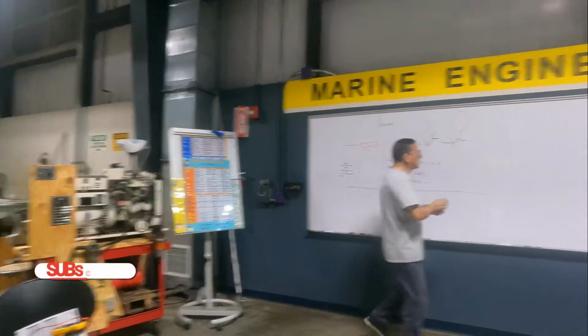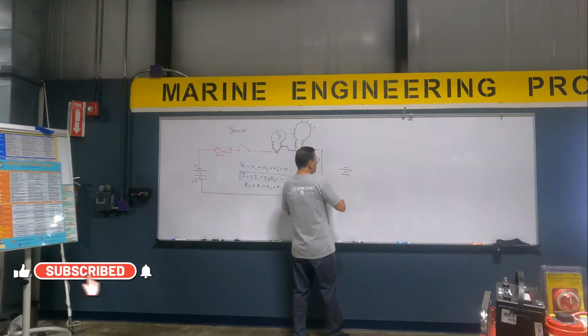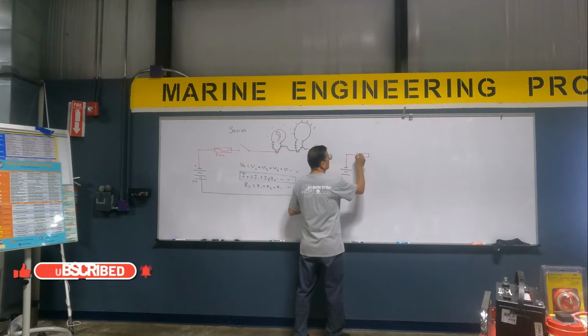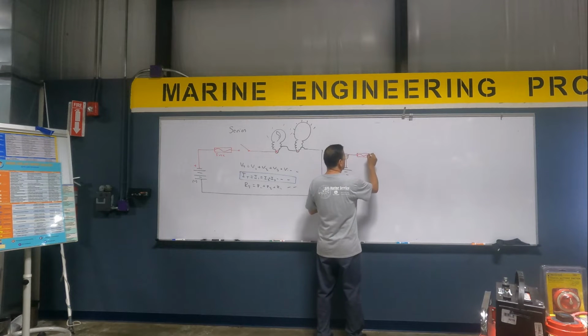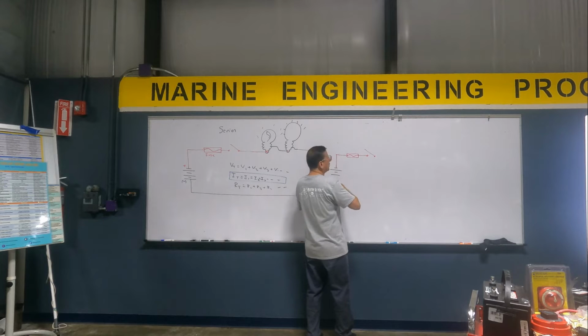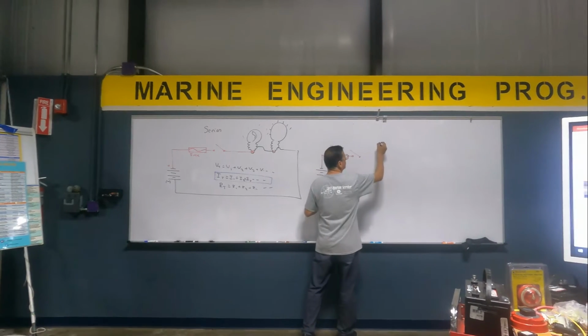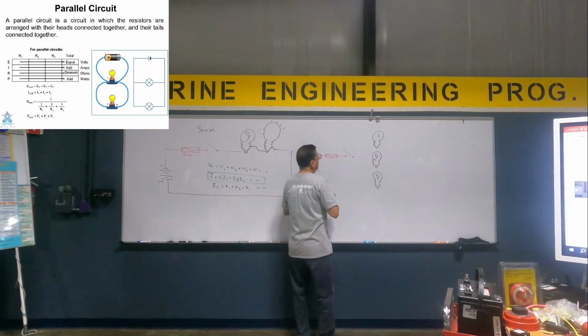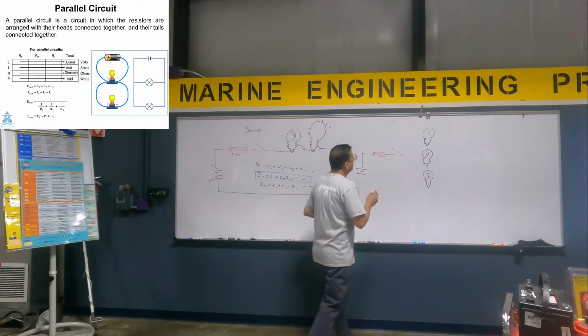Now we are going to check another circuit. In this circuit we connect exactly the same, the fuse, and the switch, and after the switch we connect 2 light bulbs or 3 light bulbs in parallel. Okay, this is the situation.